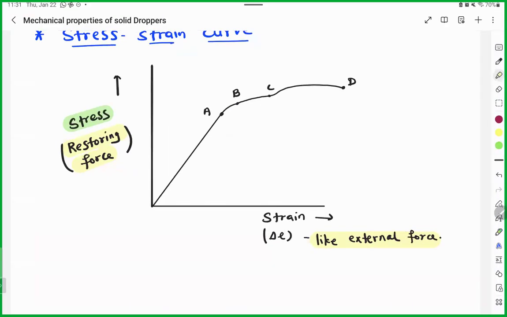So D is the fracture point. Because there is a limit up to which a spring can extend, if you try to increase the length, it will break.